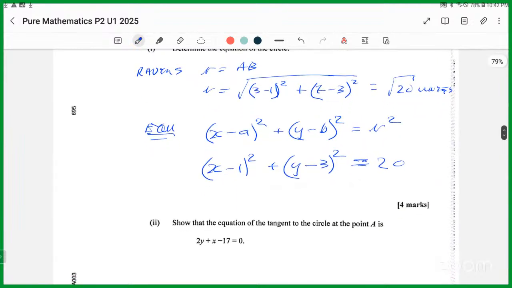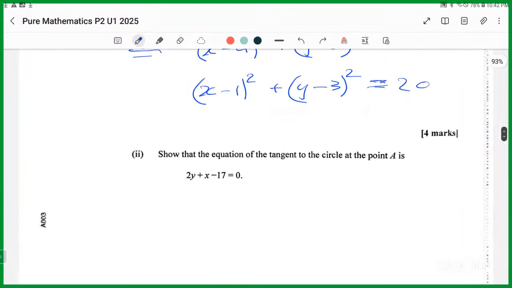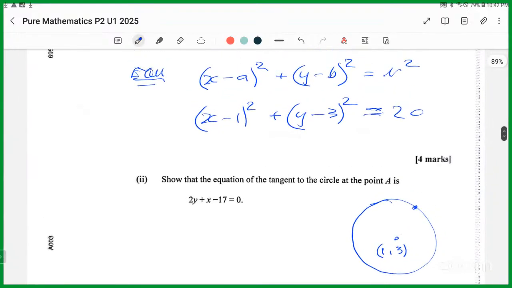Show that the equation of a tangent at the point A is this. Like these proof questions. So we have the circle and we have the center that we know is (1, 3). And then we have a point A right there. The normal is always the best friend in doing these questions.